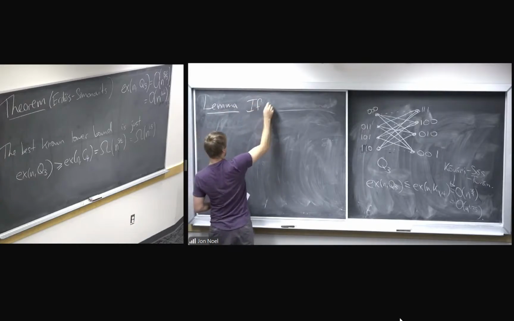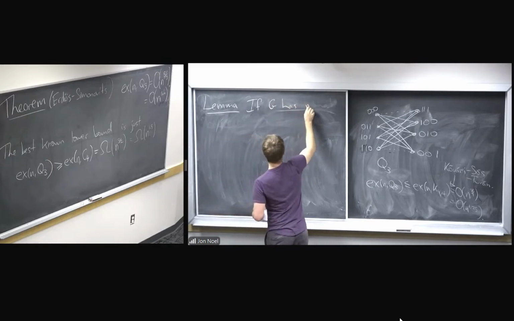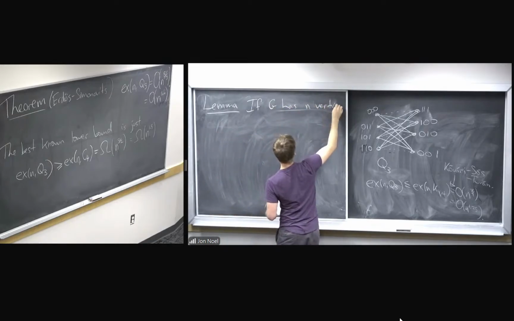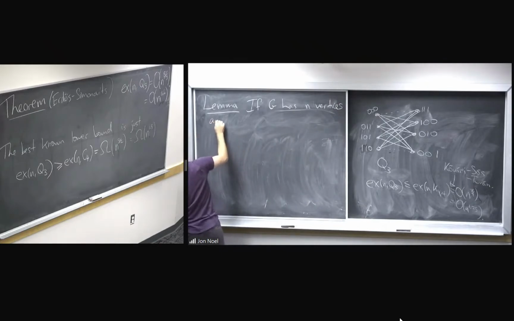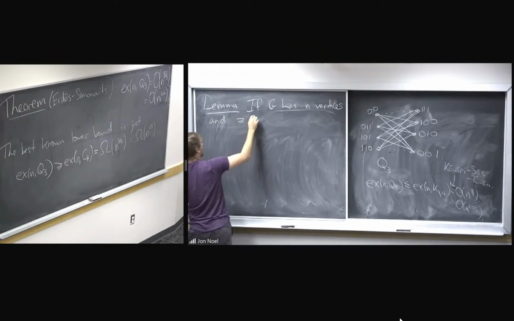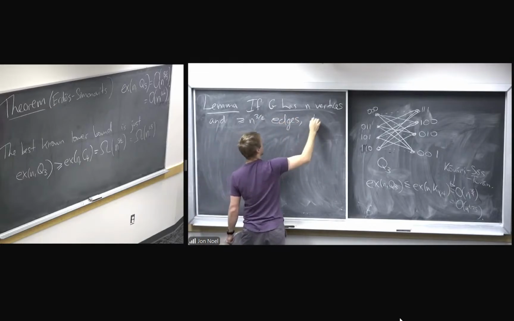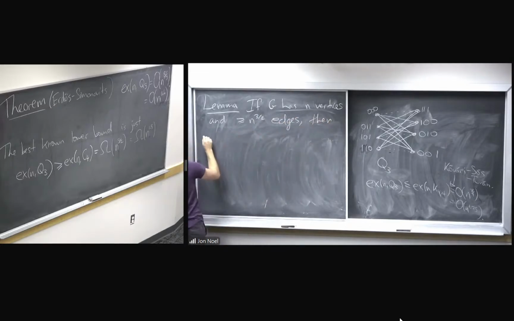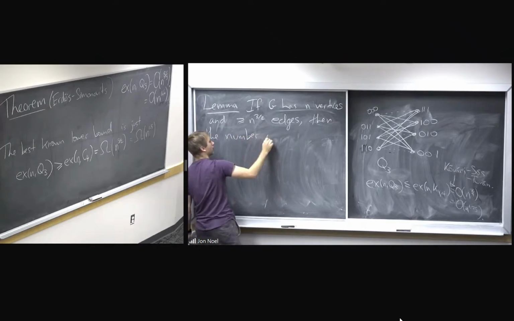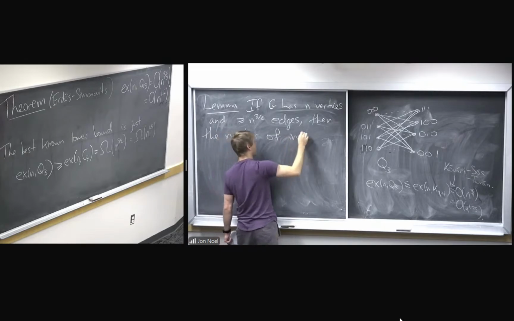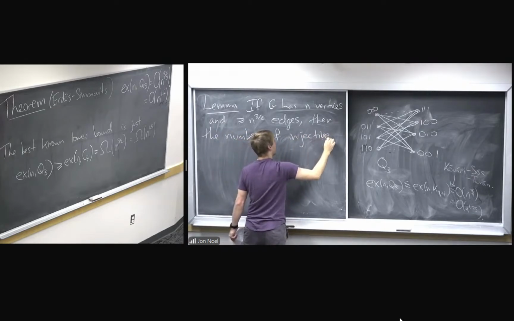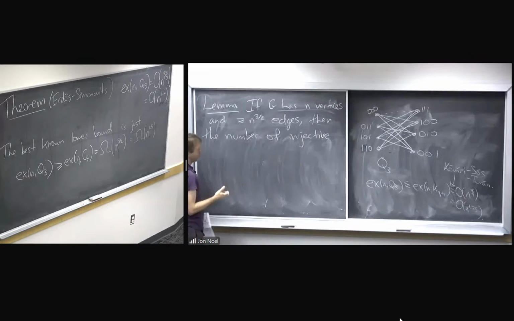But the lemma says if G has n vertices and at least n to the 3/2 edges, then the number of injective homomorphisms, when you have a homomorphism that's injective, it's really like a proper copy, right?